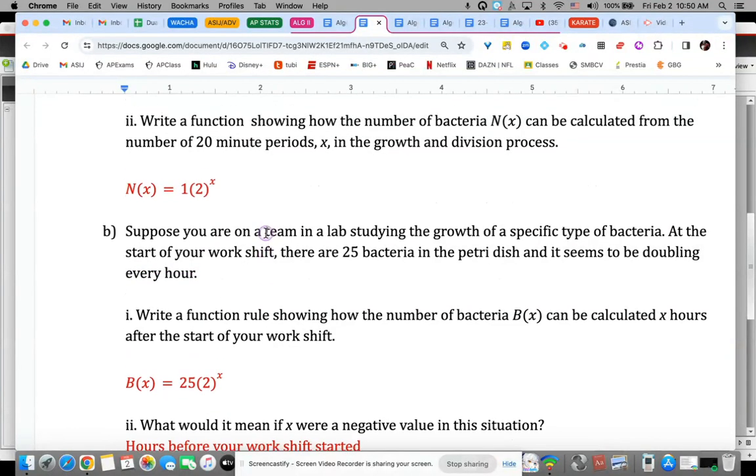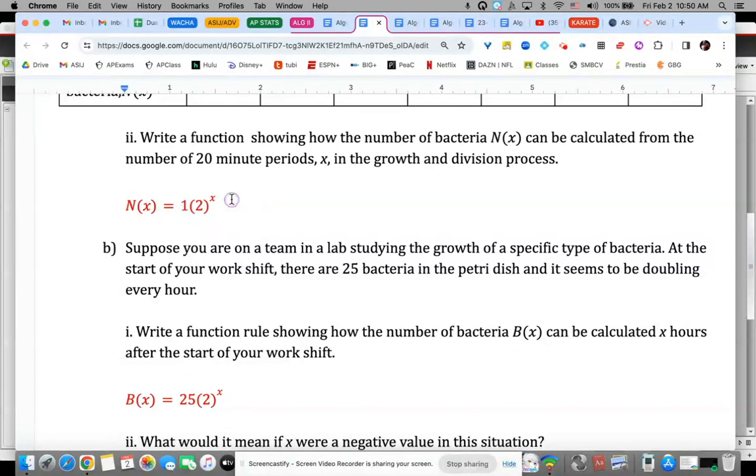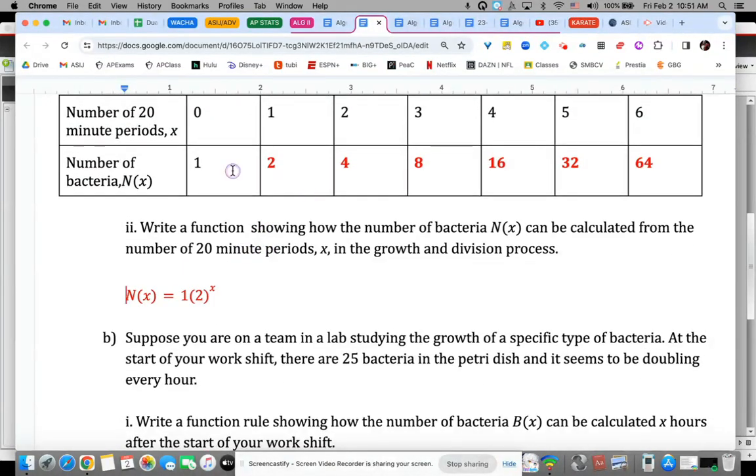And one thing I need to really point out right now, which is really, really important, is this X now. What does this represent? The units and the idea of it have to match what your rate is. So what I mean by that is these bacteria are doubling, but when are they doubling?